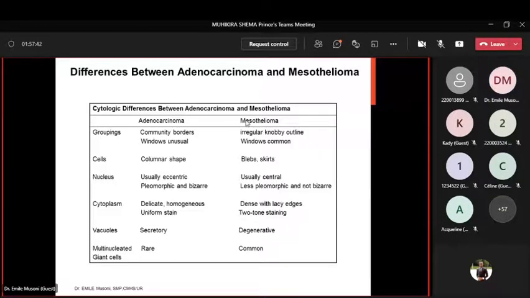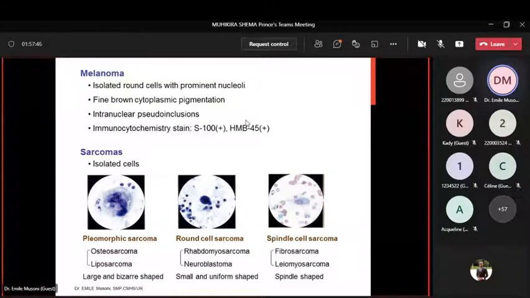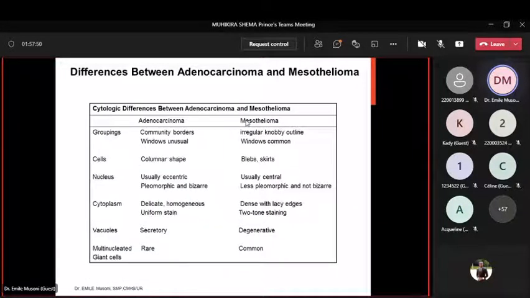So this is the end of the presentation. In summary about body fluid, what I can say is that in case you find a body fluid, please send a sample to check if it is an inflammation or a malignancy, for example in peritoneal fluid or pleural fluid.